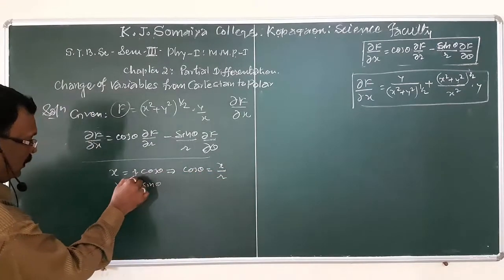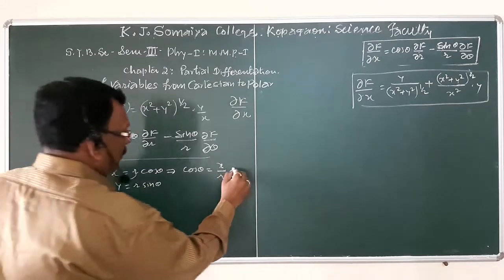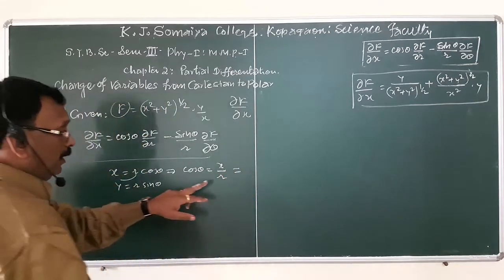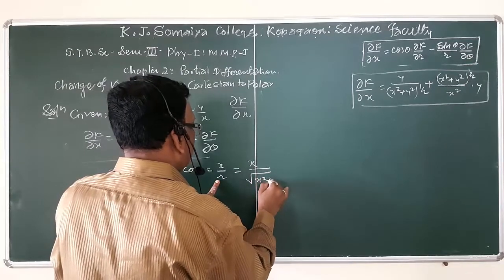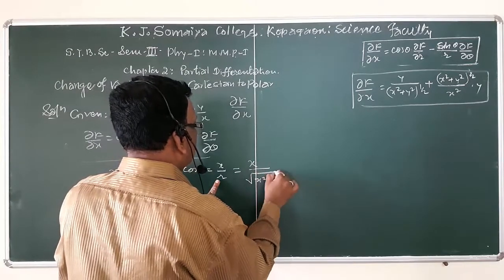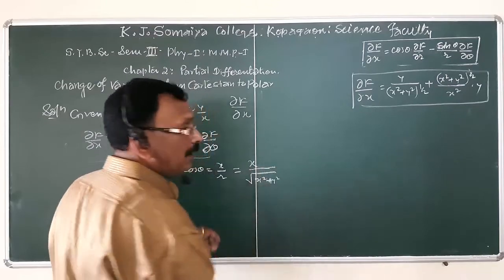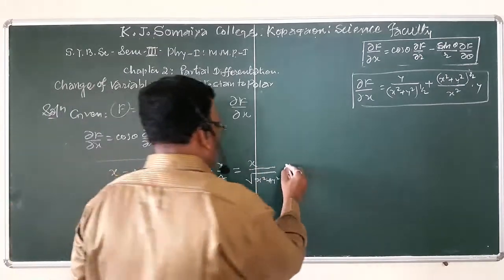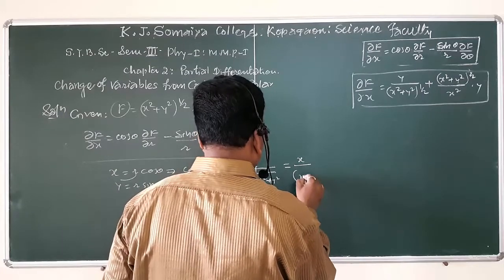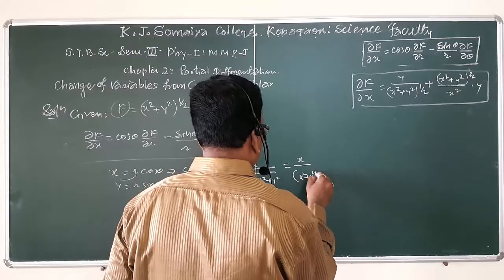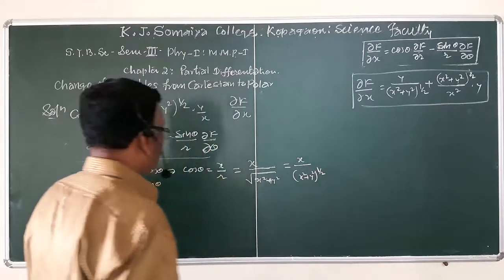But again we know that the value of r is under root x square plus y square, because it is the modulus, which is already studied in the first chapter, complex algebra. Or instead of this we can write x upon (x square plus y square) bracket to the power 1/2.